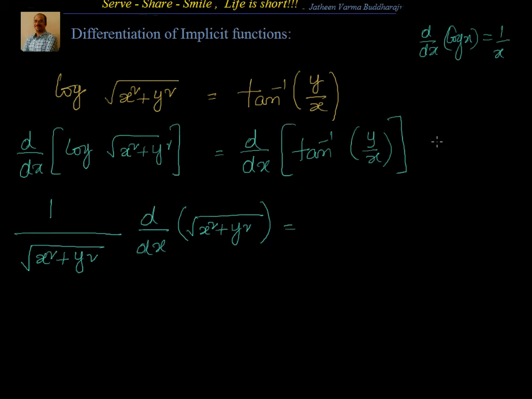That's equal to the derivative of tan inverse y by x. Tan inverse x derivative is 1 by 1 plus x square. D by dx of tan inverse x is equal to 1 by 1 plus x square.